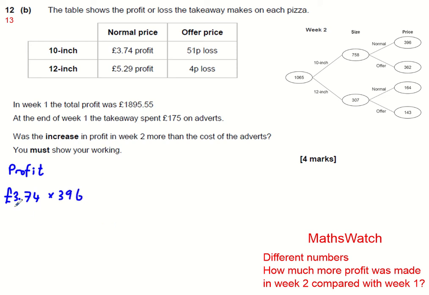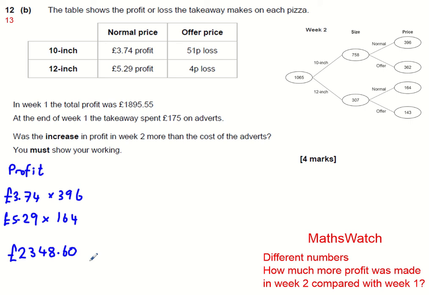For the 12-inch, we're making £5.29 profit, and from our tree we sold 164 of those pizzas. Now, I'm not going to write down the individual answers to these, but to work out the total profit, we would do both of those calculations and add them together. Once you do that, you'll find out that the total amount of profit from the normal price is £2,348.60.